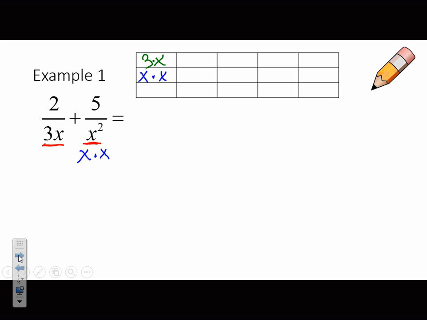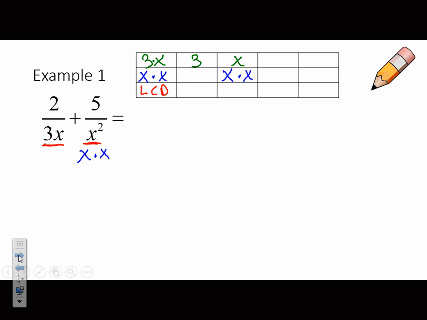And our goal is to find our least common denominator. That's what we're doing first. So if I separate my factors here, I get 3 and x. Now my second one, I just have x's, so I'm going to put in my x box, x times x. So I have 2 of them.